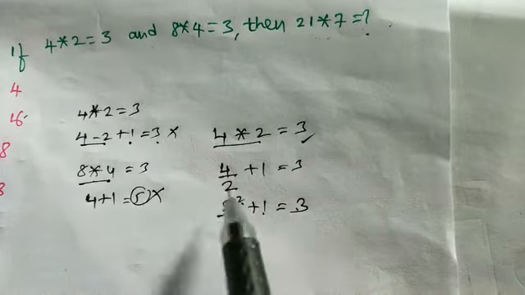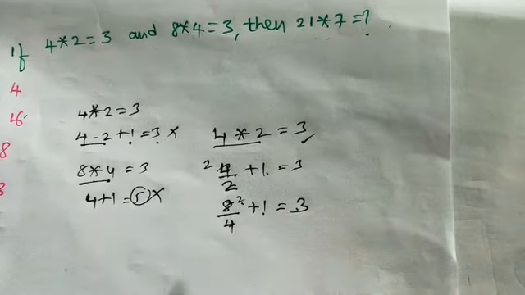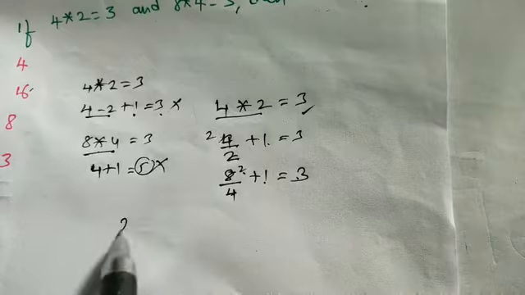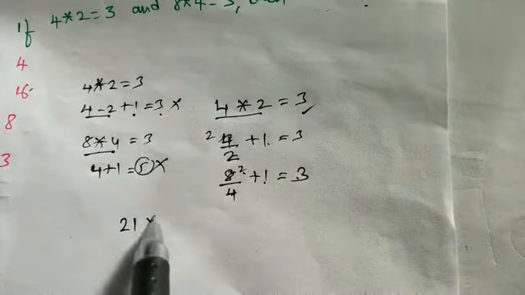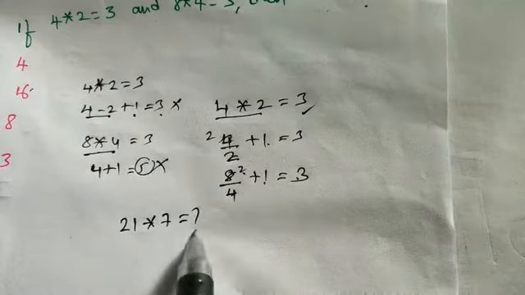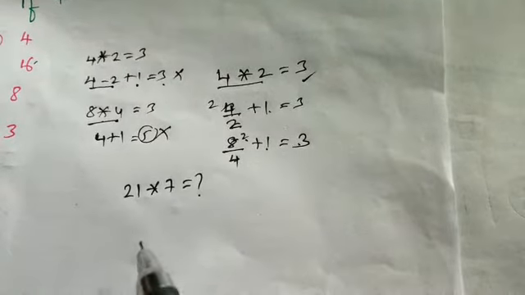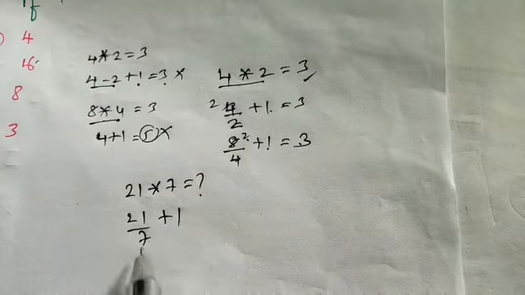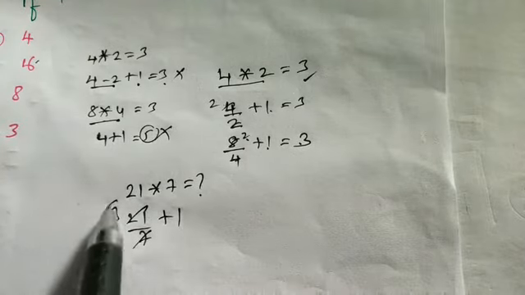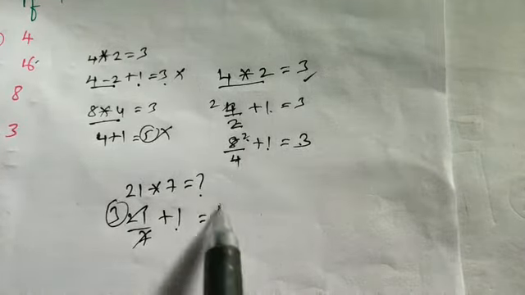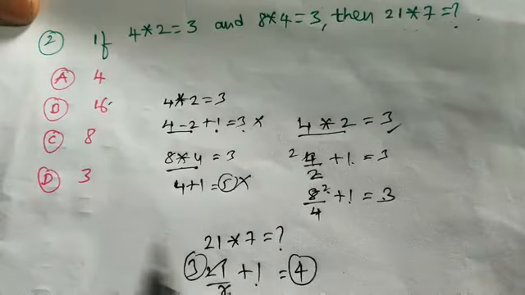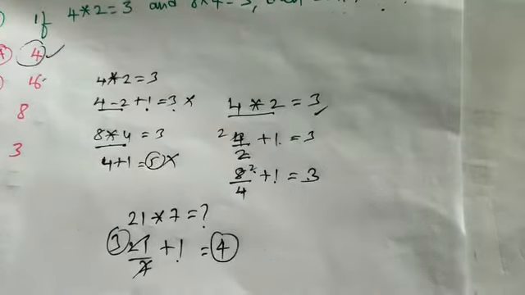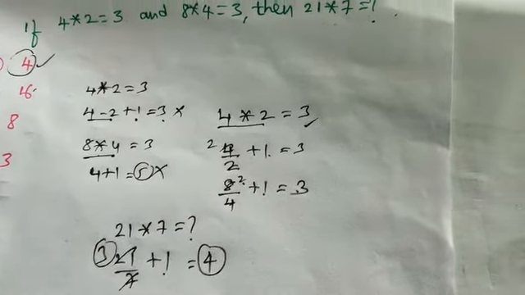Why? Because 4 2s, 2 plus 1, 3. Here 2 2s, 2 plus 1, 3. Then we apply for this 21 star 7. We see how much it will get. 21 star 7, we have to get a number. You see here. 21 divided by 7 and we have to add plus 1. 7 3s, 3 plus 1. Here it is 4. Yes, in the options there is 4. It's correct. Is it or not?